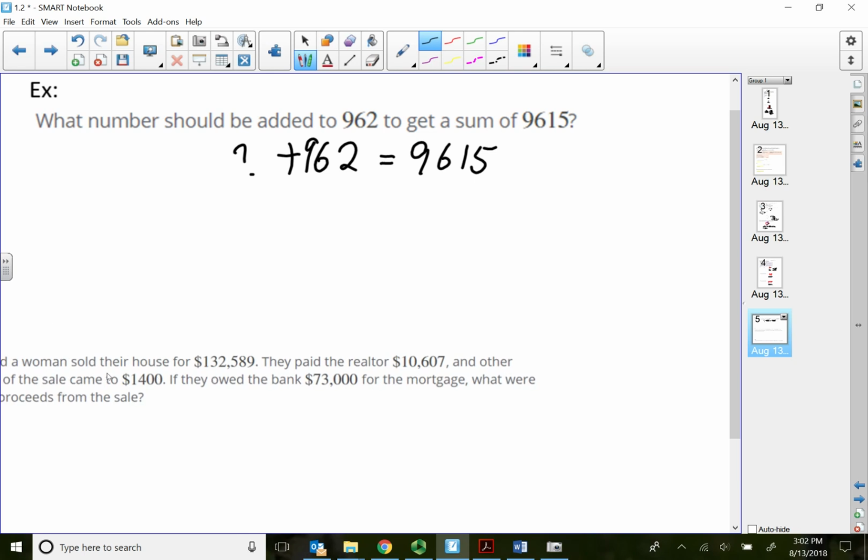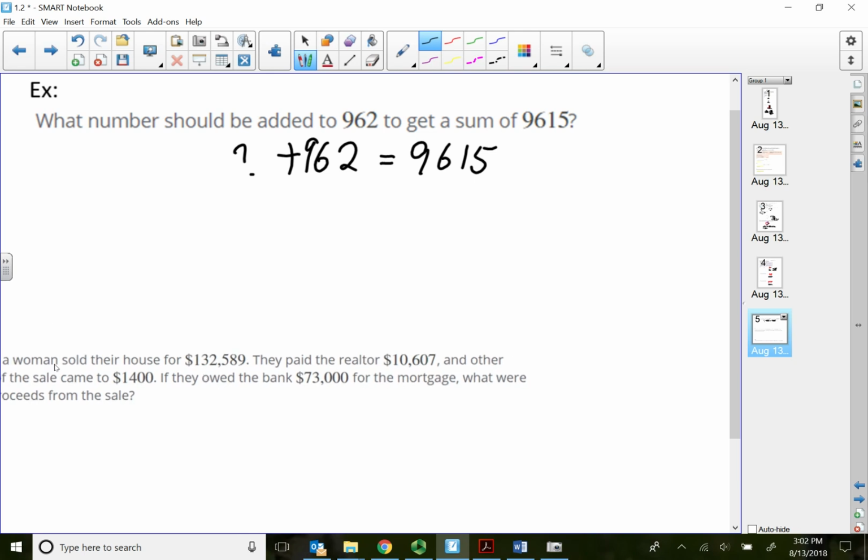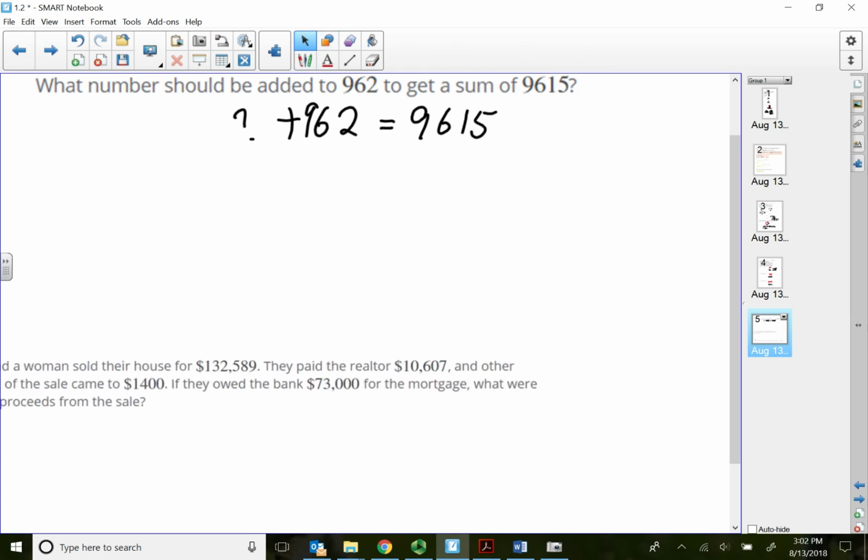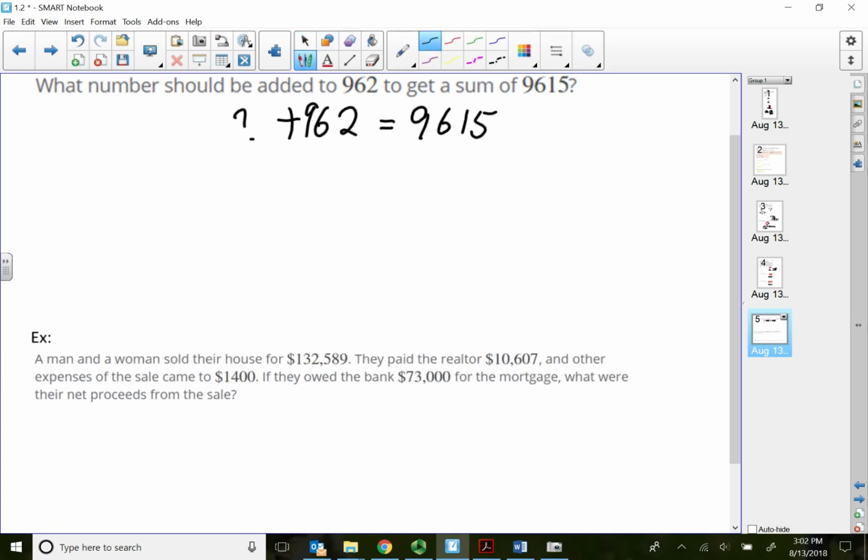The opposite way would just be subtracting. So we can say 9615 subtract 962. So that will be 5 minus 3 is 2.